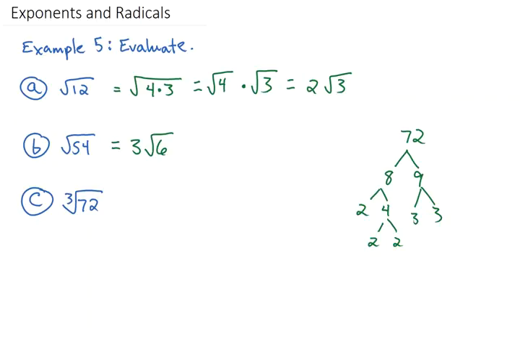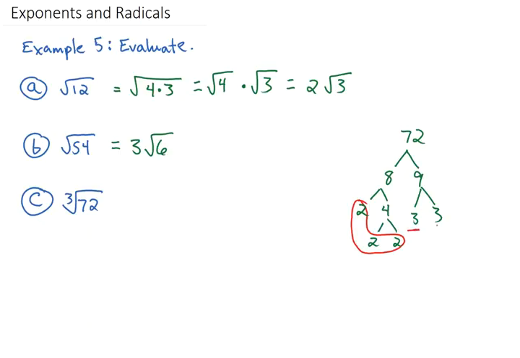Anyways, going back over here, our index is 3. So this is slightly different than what we did in our previous problem. Here we're looking for sets of 3. All of these leaves are being multiplied, and so these three 2's would be a multiplication of a cube that I could then cube root.